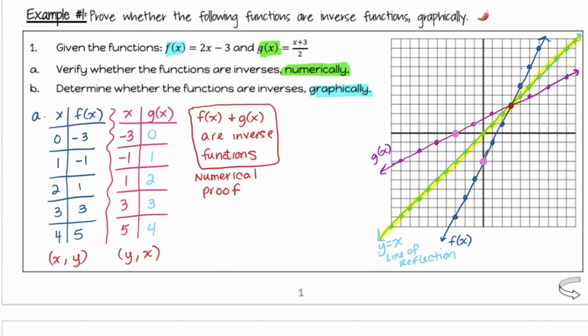And that occurs in every single place I move. So since they're equally distant from the line of reflection, we have inverse functions. And this would be our graphic or graphical proof. And same kind of stuff, what you would say here is f of x and g of x are inverse functions because they have been reflected over the line y equals x.